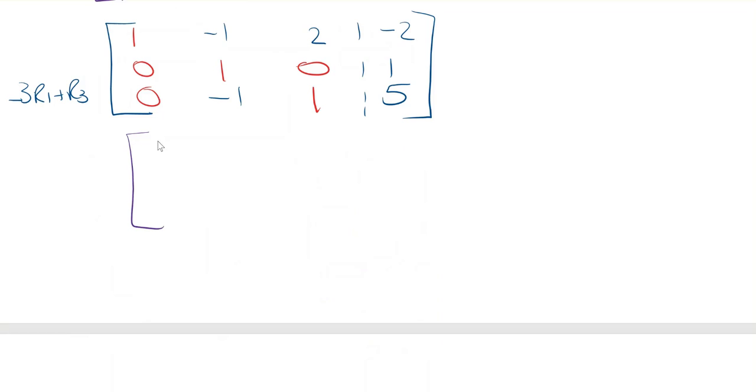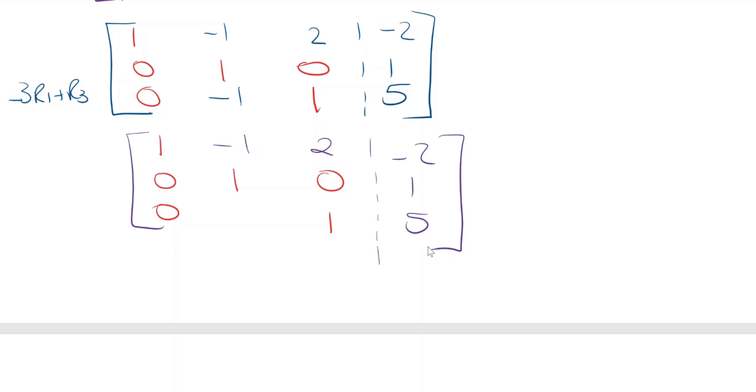Just rewrite my matrix again. So 1, 0, 0, 1, 0, 1, and I have -1, 2, -2, 1, and 5, and -1. I want to change my value of -1 here to a 0. So what can I do?